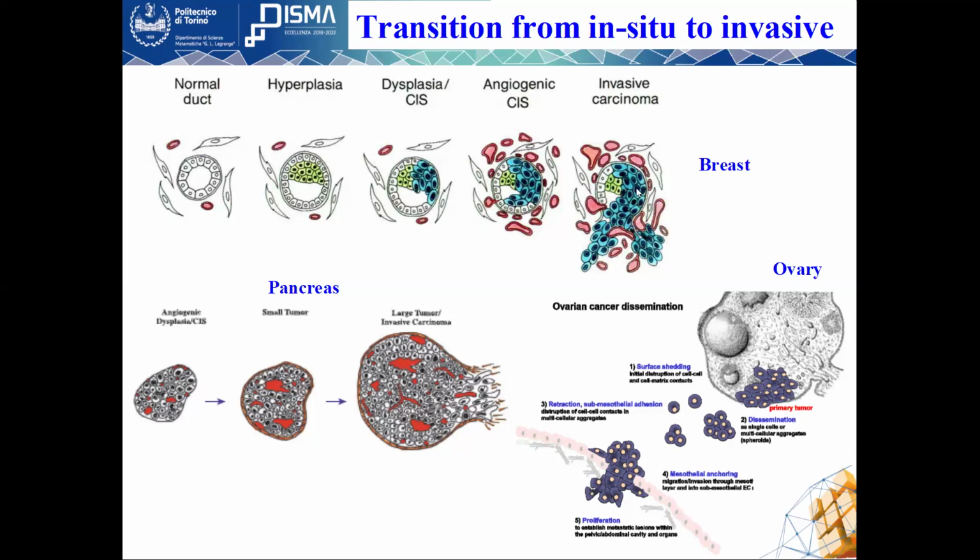But if you are in a situation in which some cells have escaped this membrane, or even the membrane is ruptured, then you can find tumors everywhere in the breast. And for instance, in the ovary, there is another important point because there is another membrane.